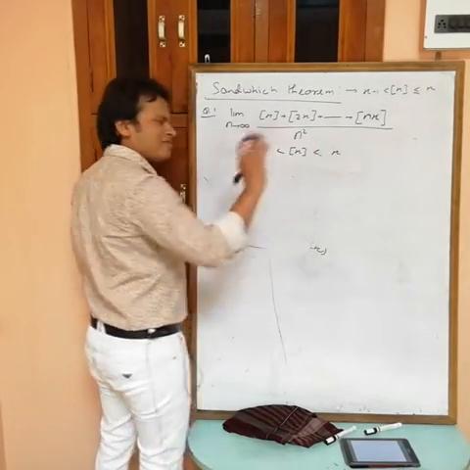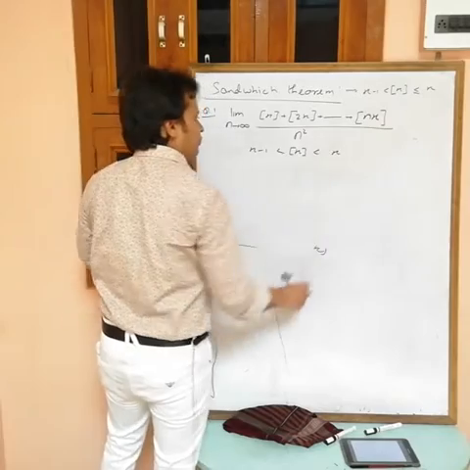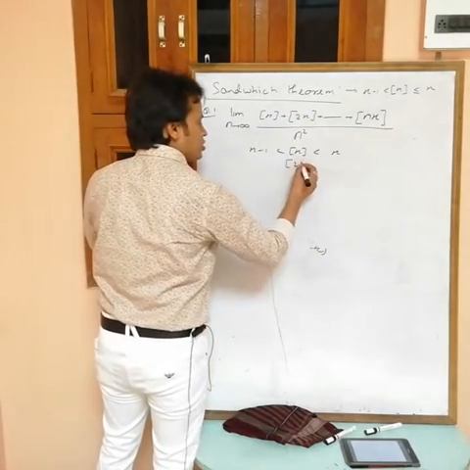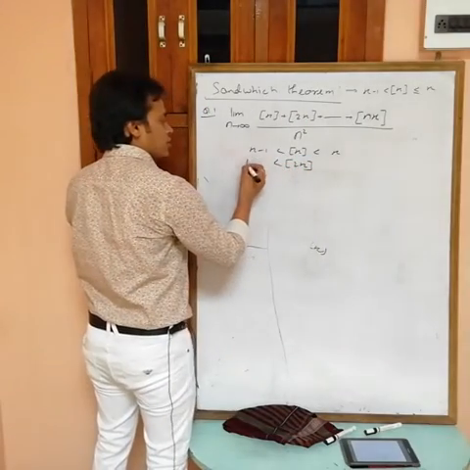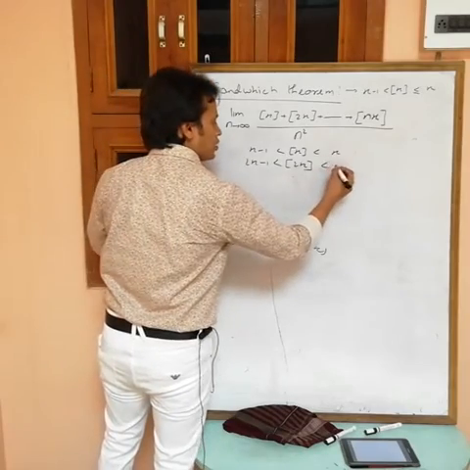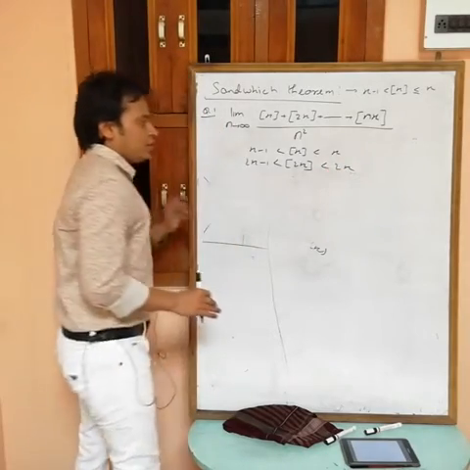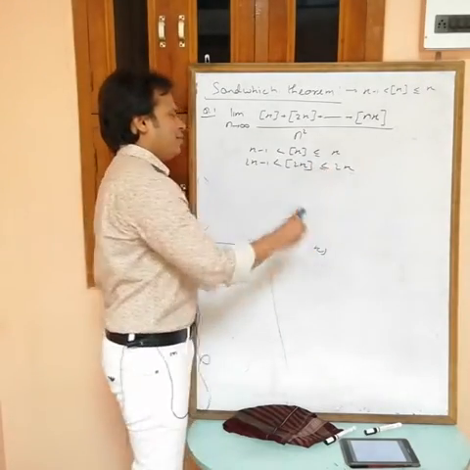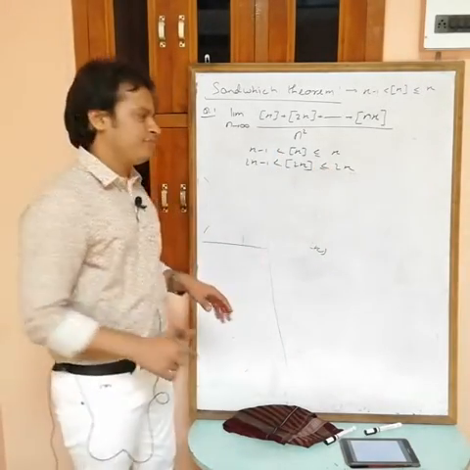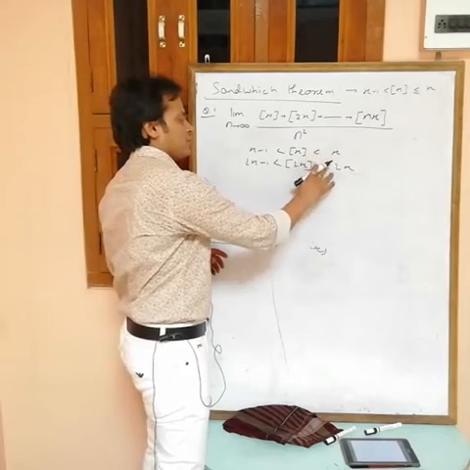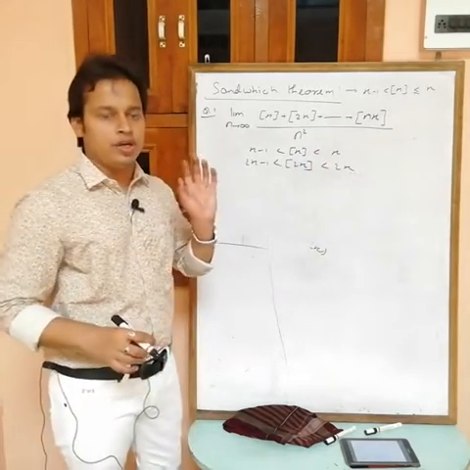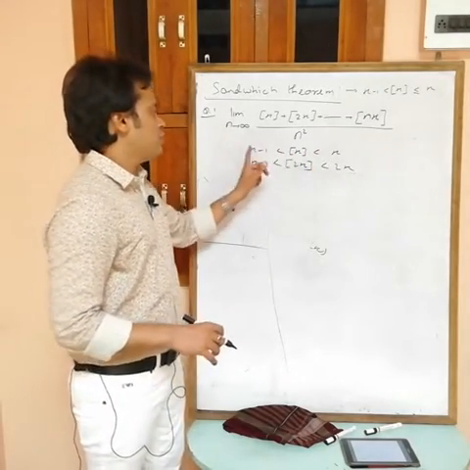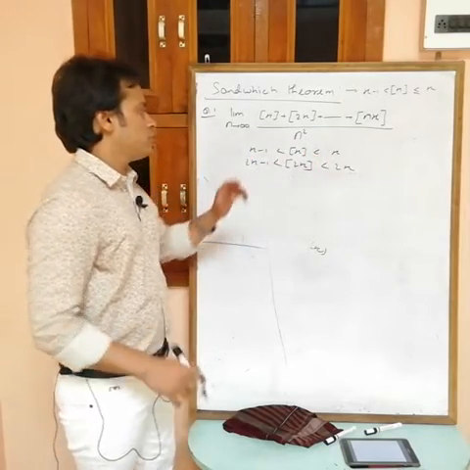Similarly, the greatest integer of 2x is always greater than 2x minus 1 and at most 2x. This value always lies between these two. Equality or not doesn't matter, because the limit is not an exact value, it is a tending value.